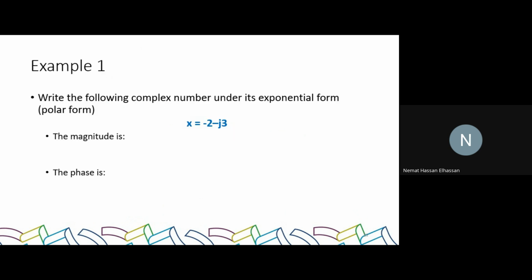Can you give me this number in its exponential format? So, quick reminder, the magnitude is equal to the square root of A squared plus B squared. Theta is tan inverse B over A. The formula was A or A minus B, come again.